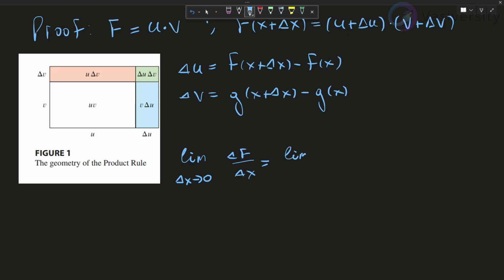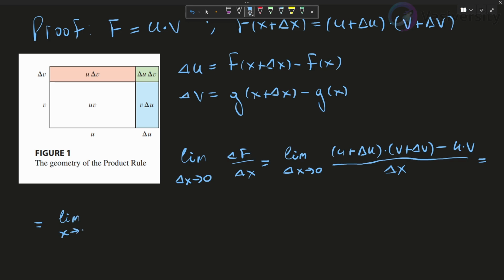So we have the limit as delta x approaches 0 of u plus delta u times v plus delta v, minus u times v, all over delta x.